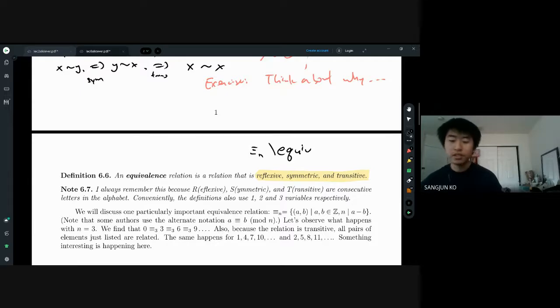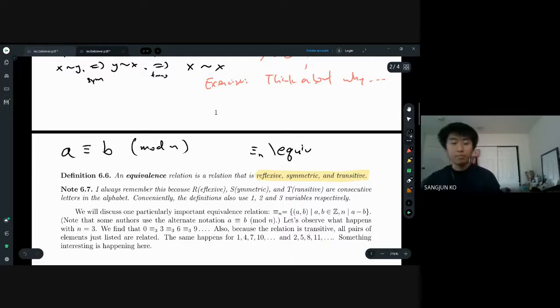It is basically all the pairs (a, b) of integers such that n divides a minus b, and n is given. So we say a and b are related if n divides a minus b. Many times, many sane people will use the other notation: you say a is congruent to b mod n.